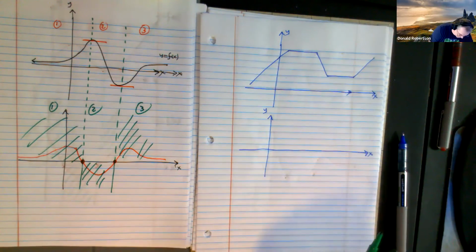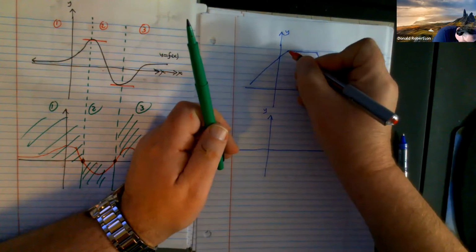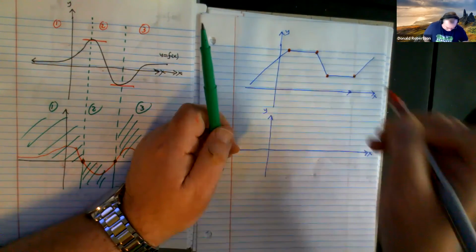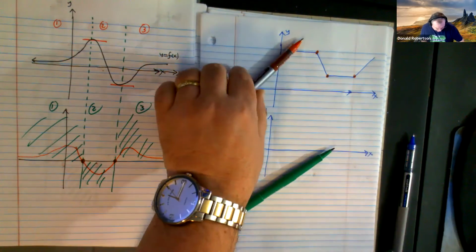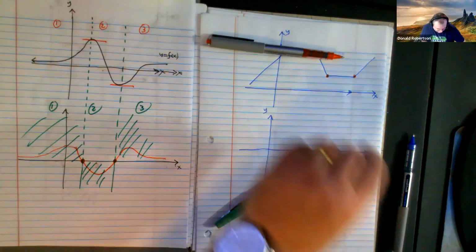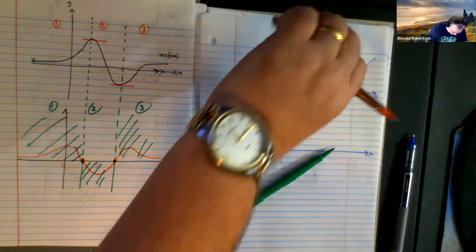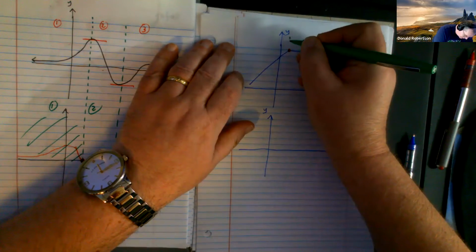What you identify are the corners, because at the corners, something is changing. For instance, at that corner, isn't the curve going from being a straight line to being a flat line? At this corner, isn't it going from a flat line to being a line that's pointing downwards, and so on? So these are the key places. They're actually called critical numbers, if you want to know their number.